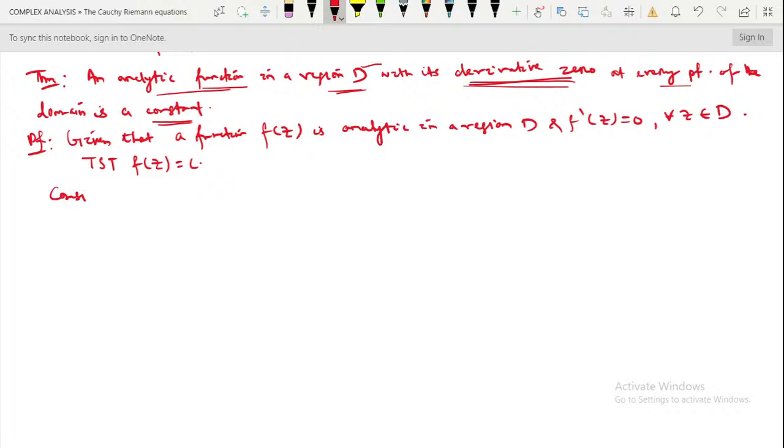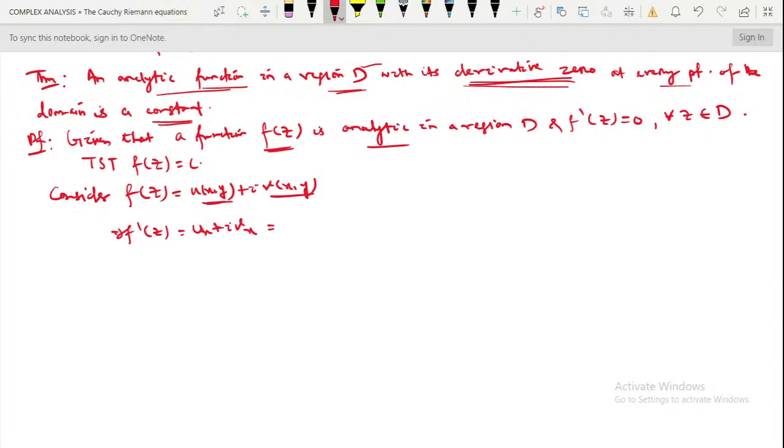Now consider f of z equal to u of xy. It is a complex function, so it has a real part and also an imaginary part. Let the real part be u of xy and the imaginary part be v of xy. So let f of z equal u of xy plus i times v of xy, and this is analytic in that region. Then f dash z is ux plus i vx.